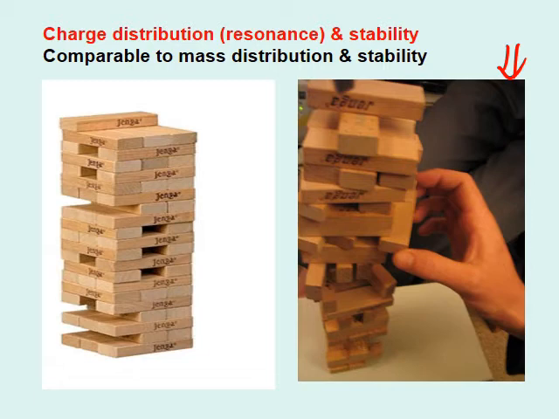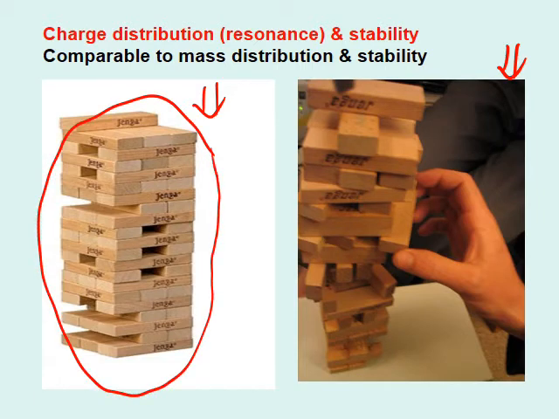On the other hand, on the left hand side, mass is distributed quite well, for which this structure is quite stable. Similarly, resonance through charge distribution provides stability to a molecular structure. So keep that in mind. Whenever there is a possibility of charge movement without moving any atom, then make sure you move those charges, and that gives stability to the whole molecule.